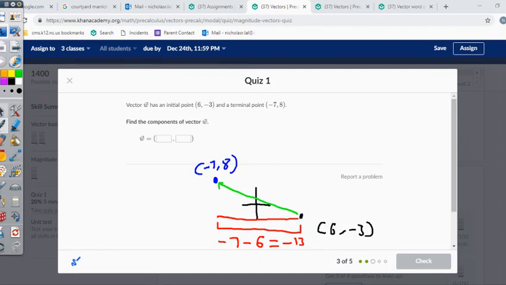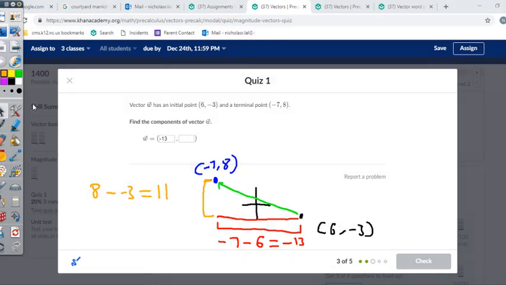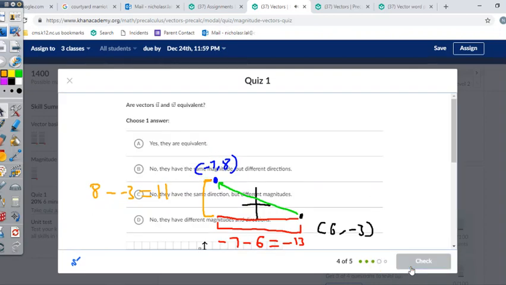So I have a horizontal component of negative 13. And then my vertical component is going to be 8 minus negative 3, which is going to be equal to positive 11. And so my vertical component is 11, and let's see if I'm correct. We are, so let's move on to the next question.